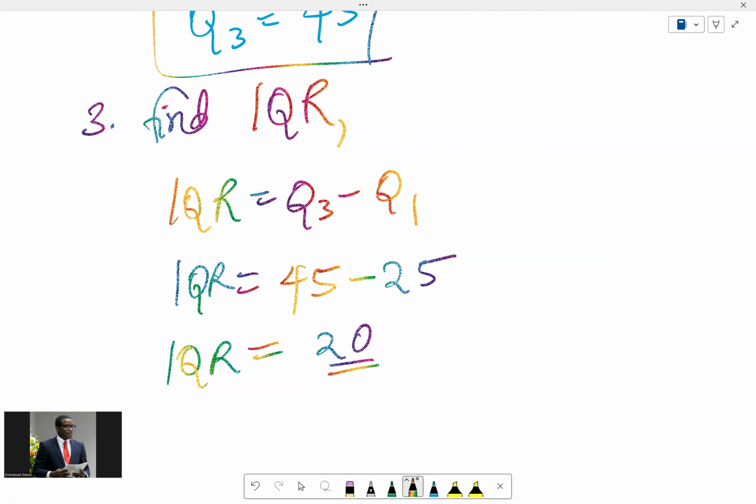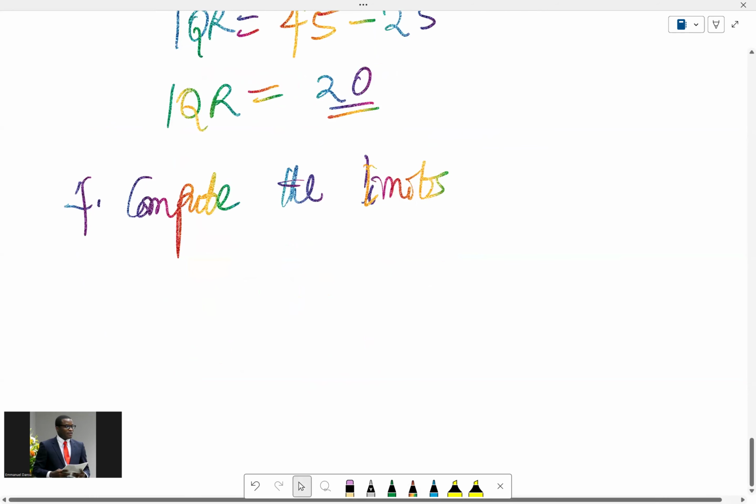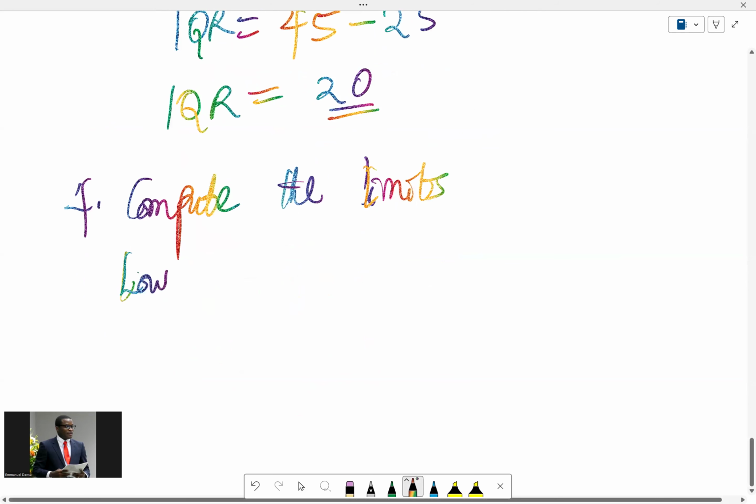Okay, since IQR is 20 now, we can compute the limits. The limits are two: the lower limit and the upper limit. Limit is bound, right? So let's talk about the lower limit.